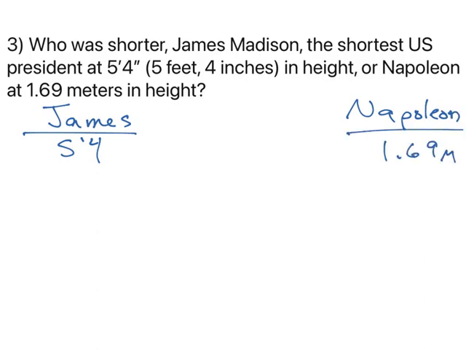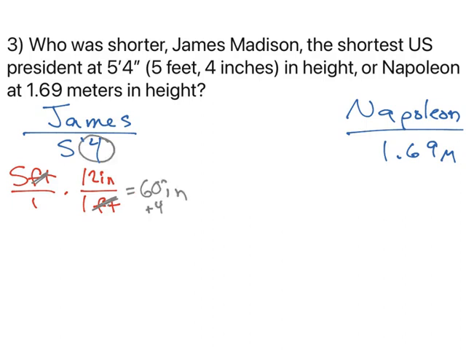All right, so first things first, I'm going to change 5 feet 4 inches to just inches. So I know that 1 foot is 12 inches. So that makes my feet cancel out, and I have 60 inches. Plus this left over 4 inches. So James Madison was 64 inches tall.